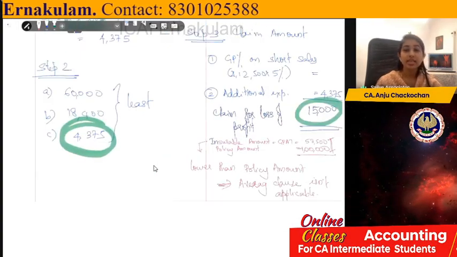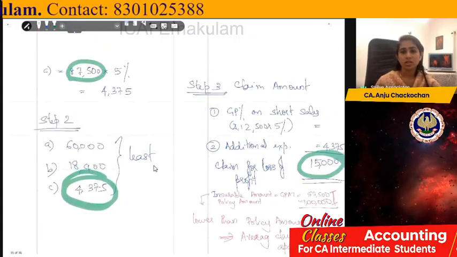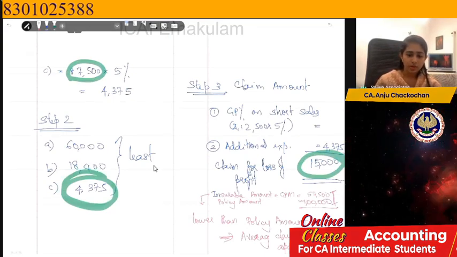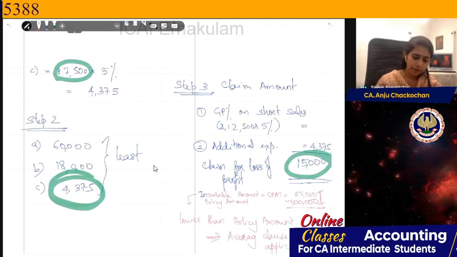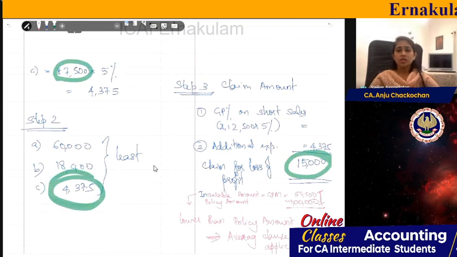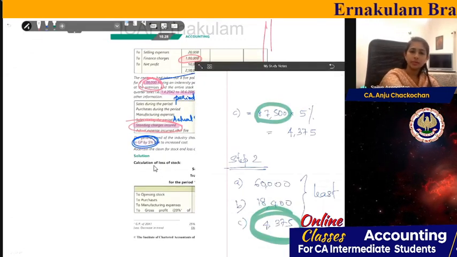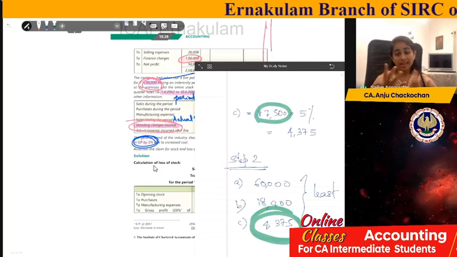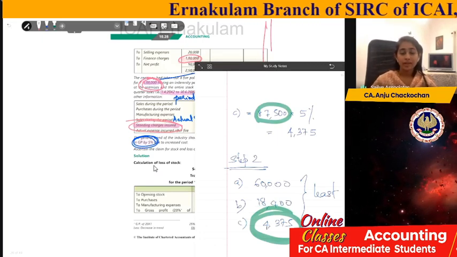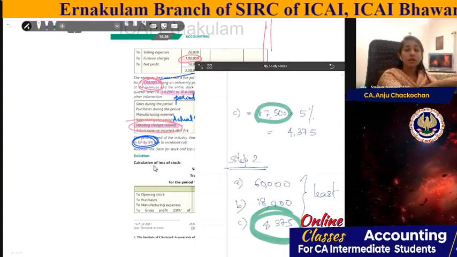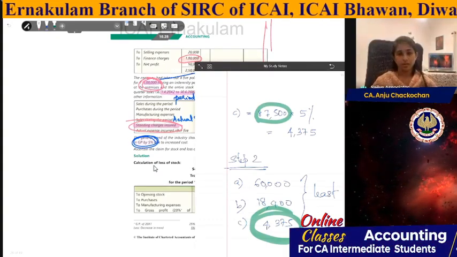So that's it for this question, and this is also done with. Now we'll move on to the next question. All right. To sum up this question, listen. What was the additional adjustment that we did? There was only one additional adjustment actually. We had to compare the previous year's turnover and the current year's turnover.